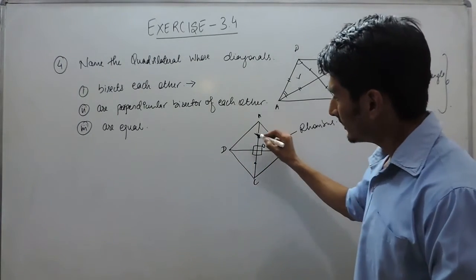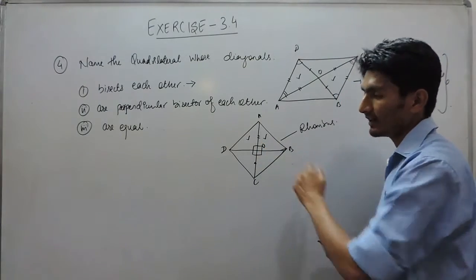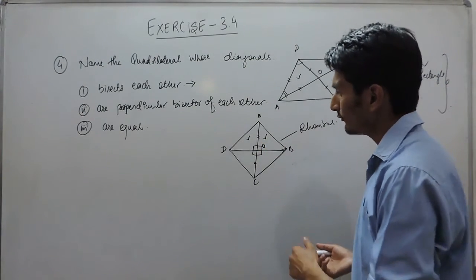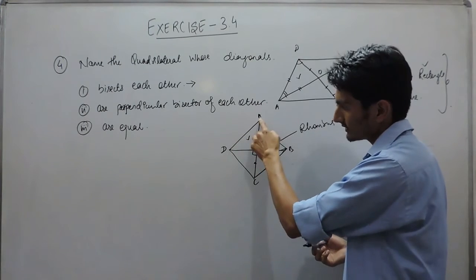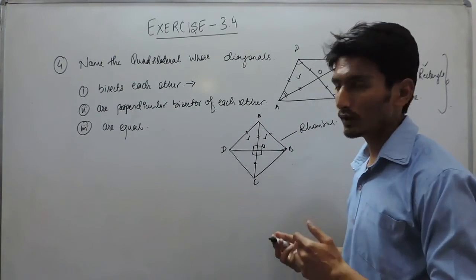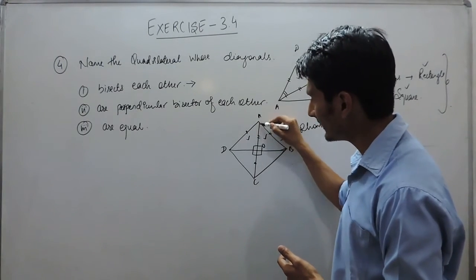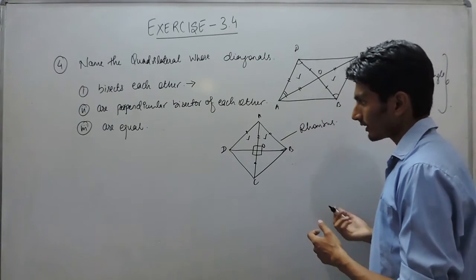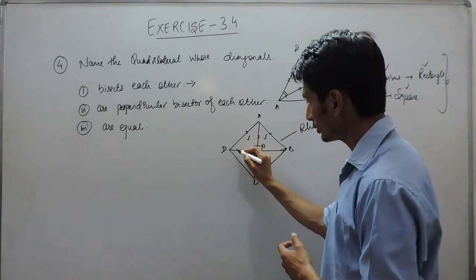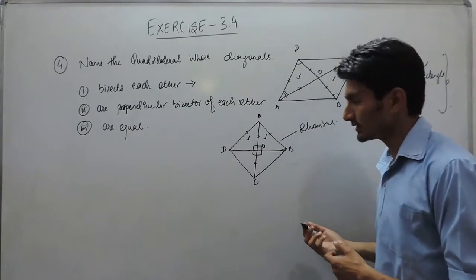To prove that, we can again prove these two triangles as congruent triangles. For that, this value is equal to this, because a rhombus has all equal sides. This side is common, and we know that this line is equal to this line.